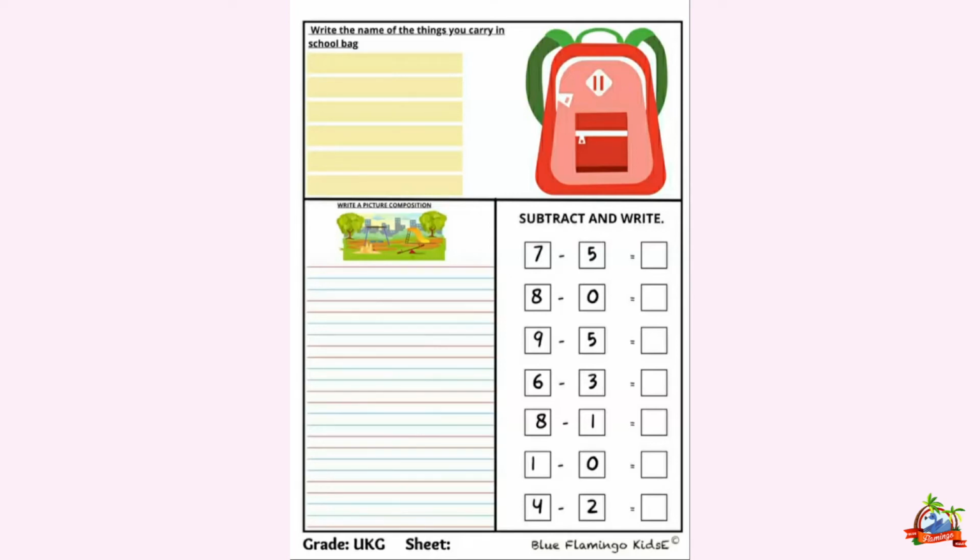G for grapes. G for gun. H for horse. H for house. I for ice cream.